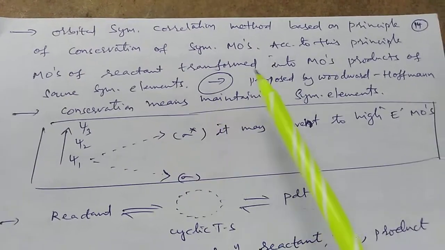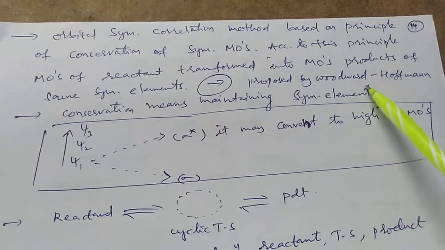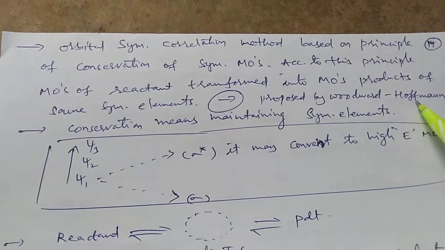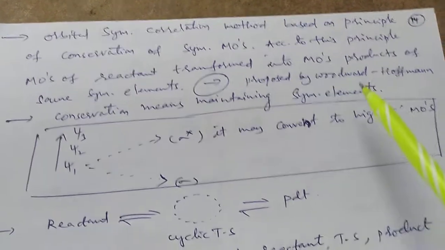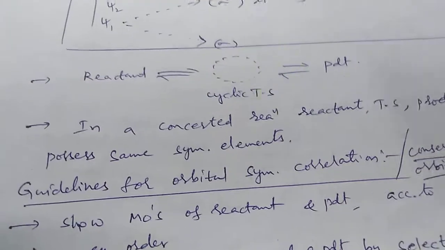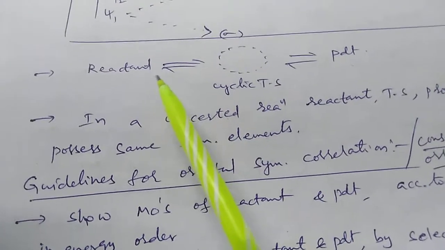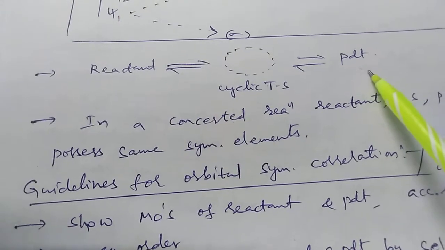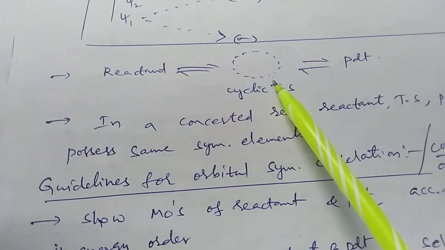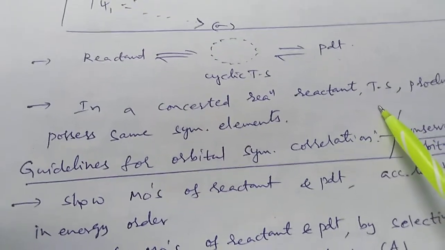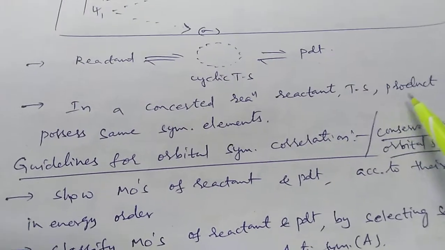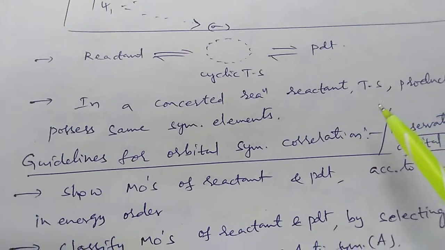This method was proposed by Woodward and Hoffmann, where conservation means maintaining the same symmetry elements. The reactants convert to products through a cyclic transition state, and in a concerted reaction, the reactant, transition state and products possess the same symmetry element.